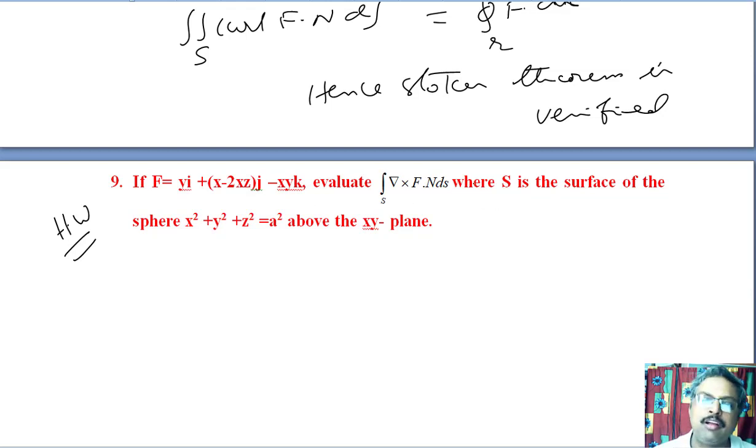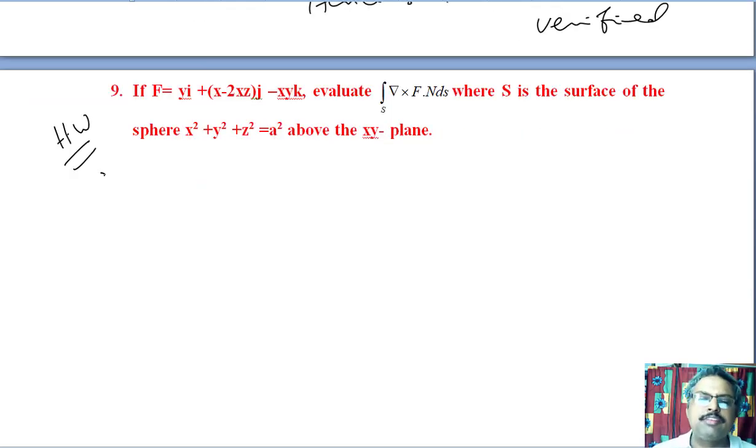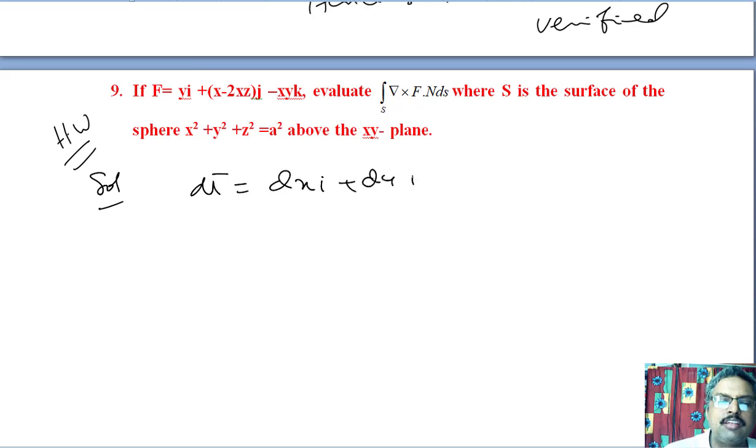Now this is not a verification, just find the line integration only. If it were a verification question, you would find both the line and surface integral, but here just find the line integral only. No need to find the curl, just apply Stokes theorem. So dr equals dx i and so on, just find the line integral.